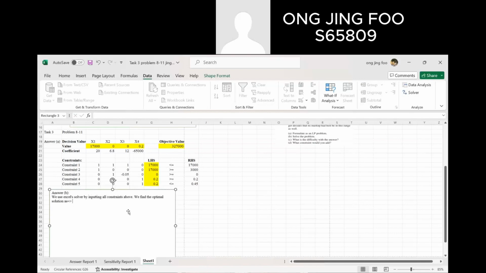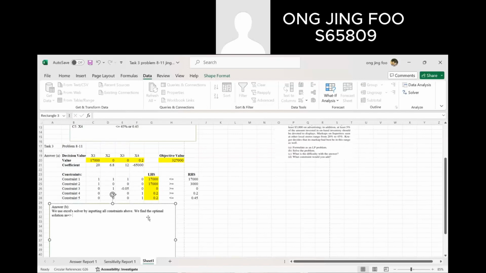And then looking back at the table we made just now, we get the optimal solution: x1 is 17,000, and our x2 is 0, and our x3 is 0 as well, and our x4 is 0.2.